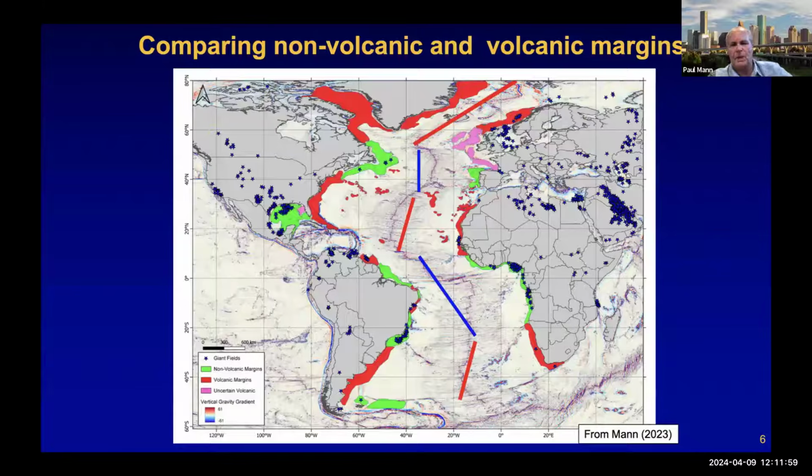So why is this happening? Well, one idea is that in these areas where trends are more or less parallel, and by trends, basement trends, this breaks easily and forms a more effusive and a better conduit into the mantle. So you get these volcanic margins, whereas here we have trends in the older orogenies that are cross-cutting, and therefore that's harder to break.